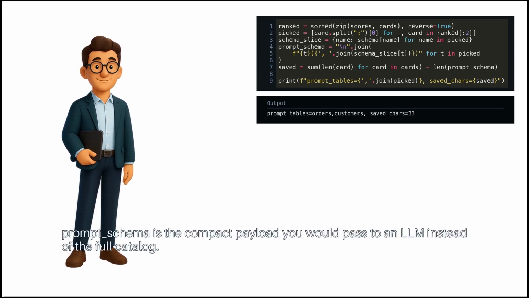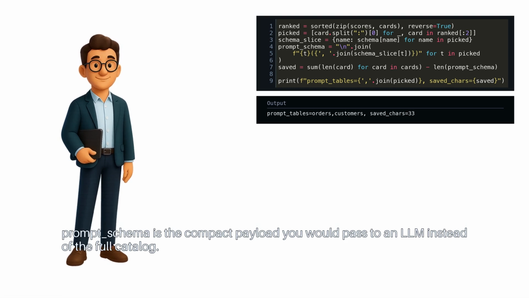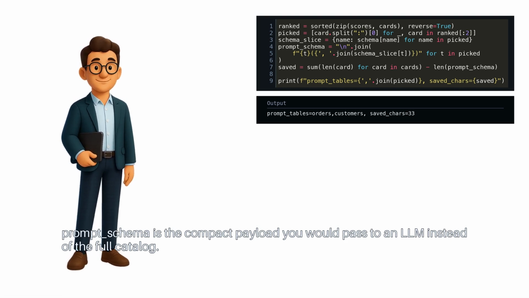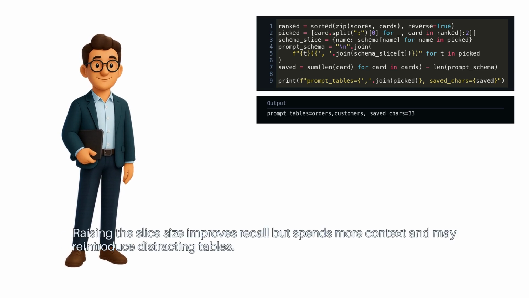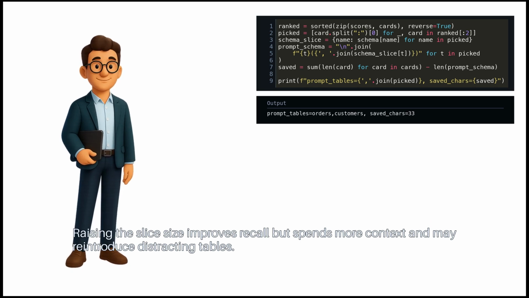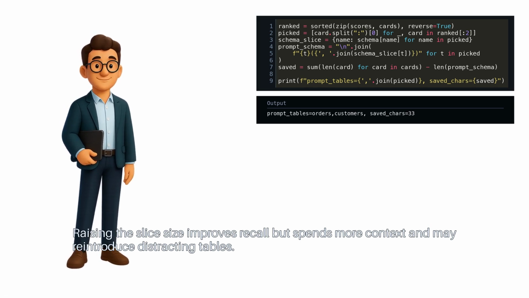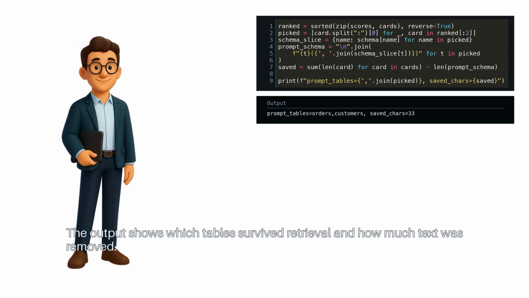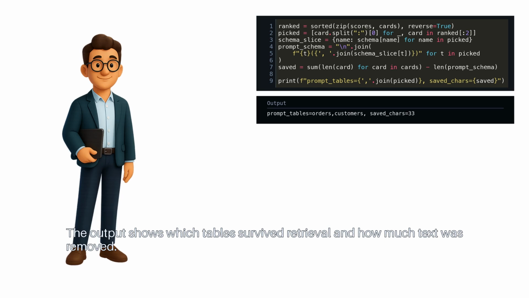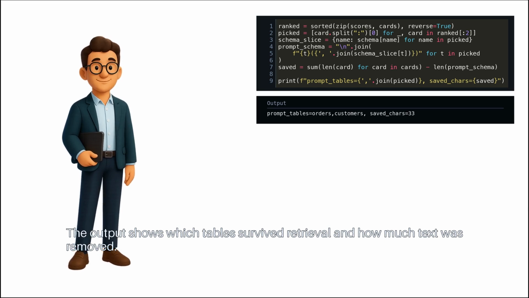Prompt schema is the compact payload you would pass to an LLM instead of the full catalog. Raising the slice size improves recall, but spends more context and may reintroduce distracting tables. The output shows which tables survived retrieval and how much text was removed.